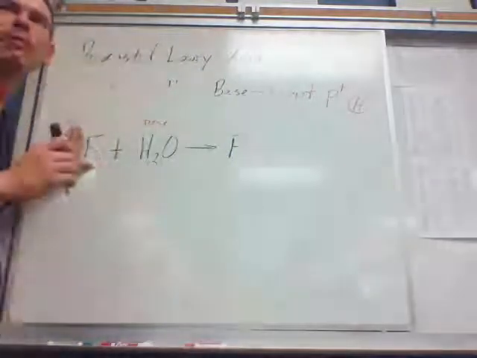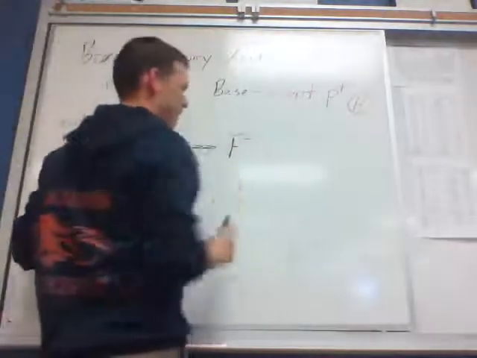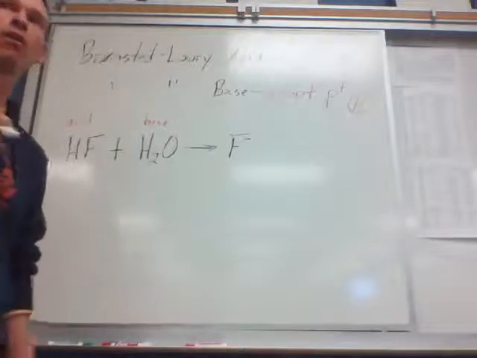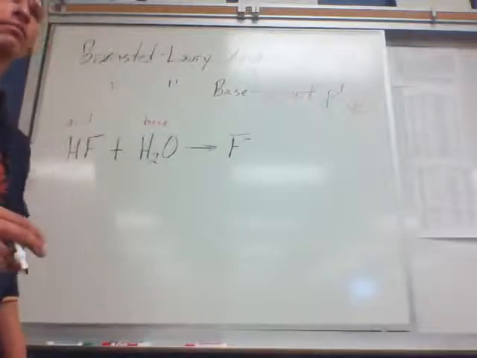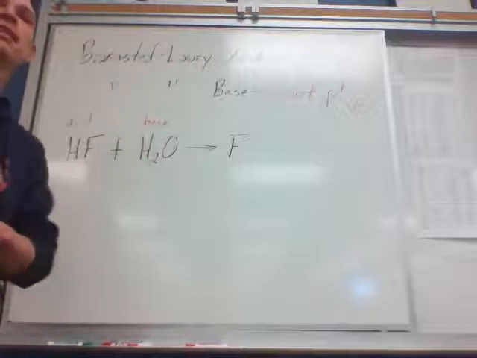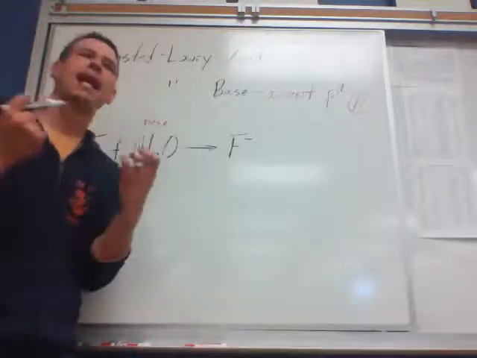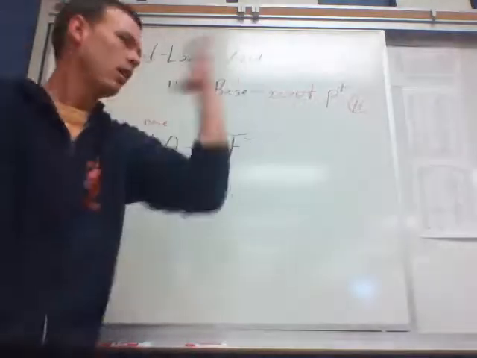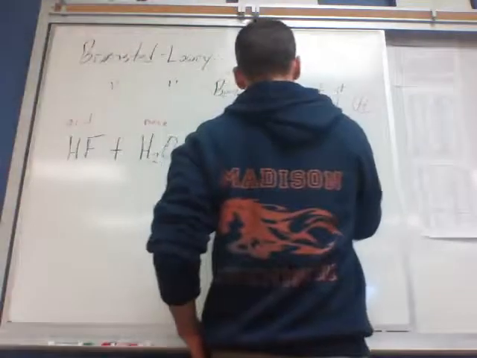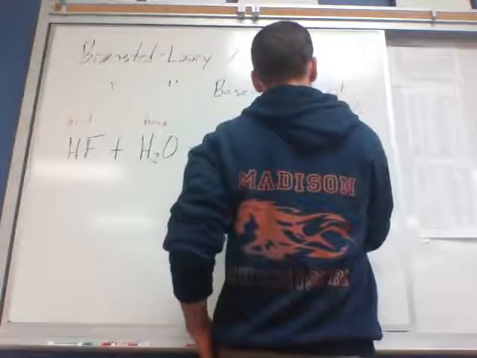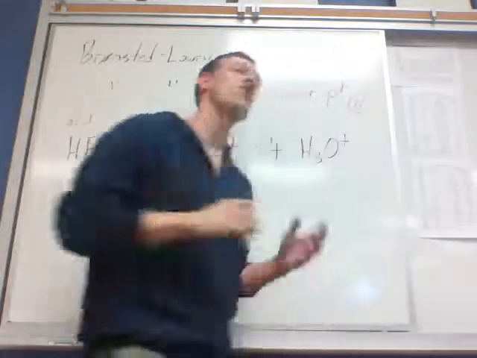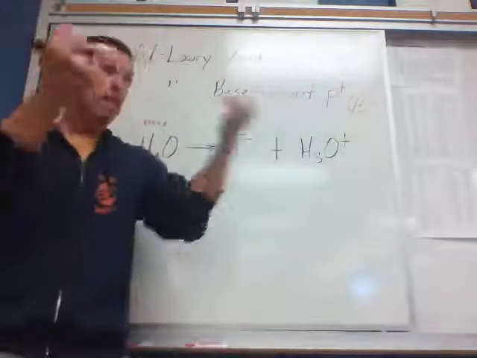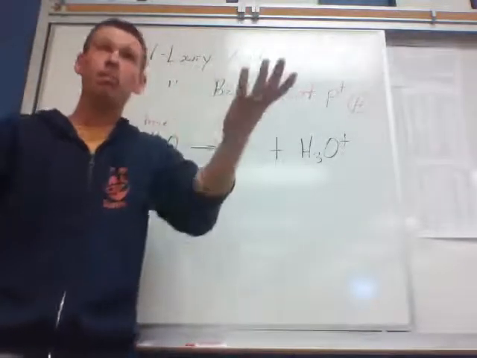Not only is it fluorine, but it's fluorine minus, because it was neutral, gave away a plus, therefore is now minus. The base is going to accept that hydrogen. So while he used to be H2O, now he'll be H3O plus. All right, don't leave off that charge. He was neutral. He gained a positive. That will make him positive.